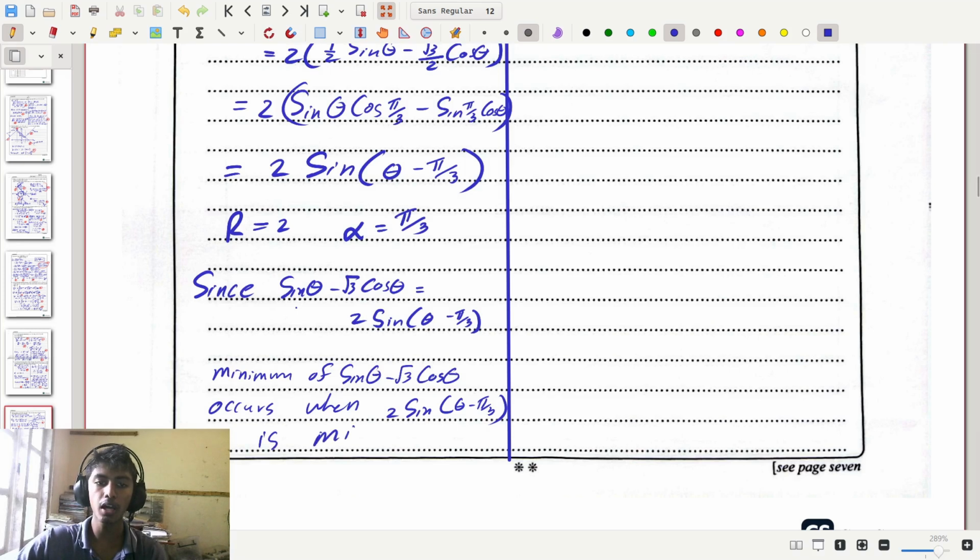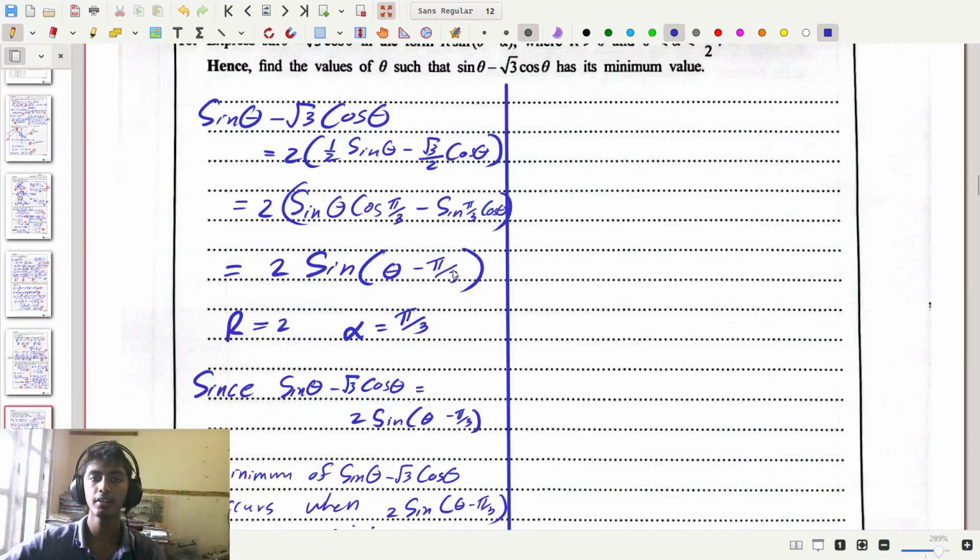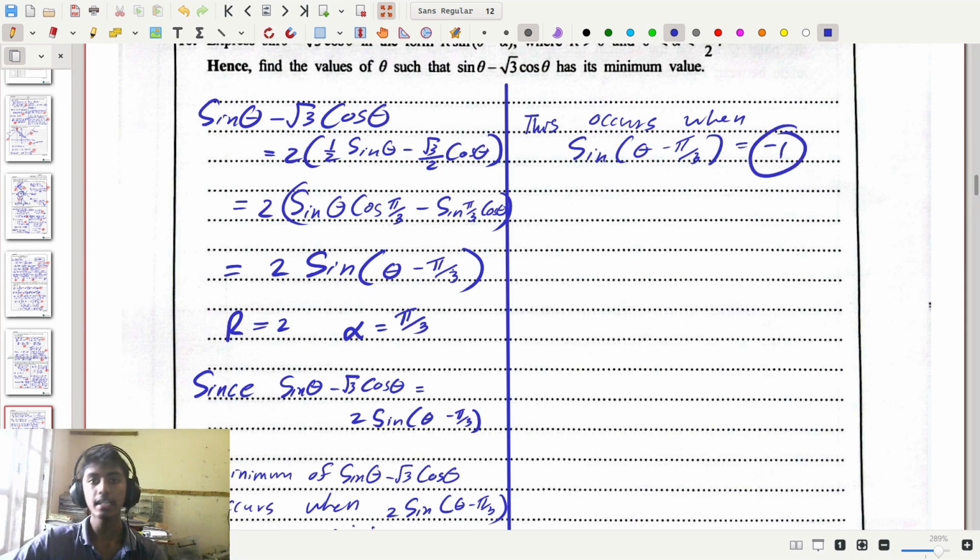So all we have to do now is to just find the minimum value of 2 times the sine of theta minus pi by 3. Now this occurs when the sine of the angle theta minus pi by 3 is equal to -1, because that value of -1 is the lowest that sine of theta minus pi by 3 can go to.